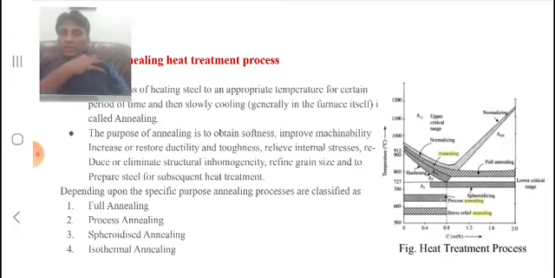Whereas in the case of hypereutectoid steels, we have to heat it above the A1 line and hold it at the temperature, and then slow cooling gives a structure of pearlite and cementite.